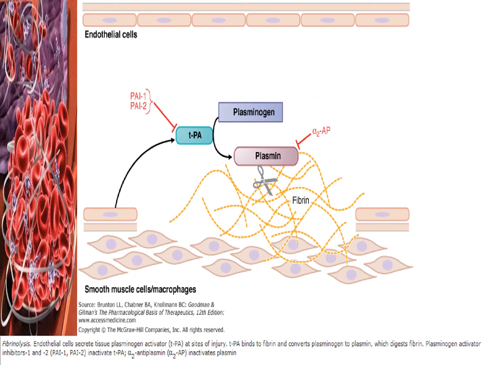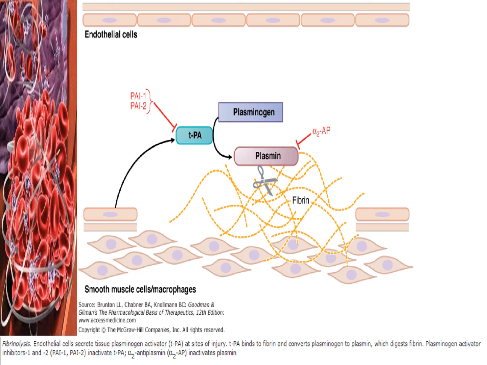See, at the upper side of this diagram, the intact endothelial cell lining is there, and downwards, see the damaged endothelial cell lining, above which the clot is formed. So how does this fibrinolysis, or the breakdown of the fibrin clot, take place? First of all, what happens at the endothelial cell site?